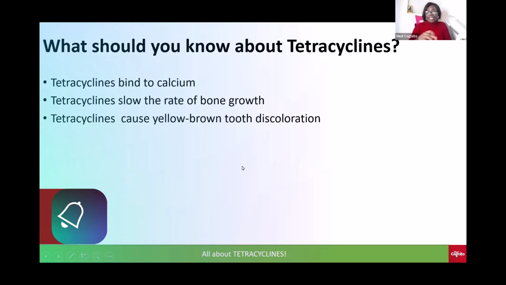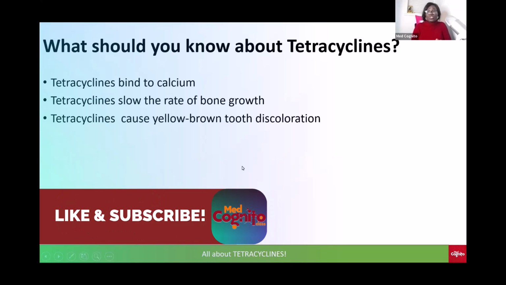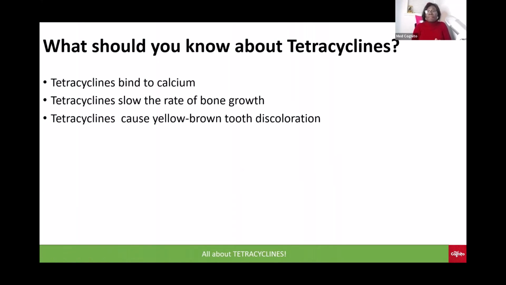And let's look at another important point that you should know about tetracycline. It binds to calcium. So when you see in a question that the client is on calcium tablets and now is going to be given tetracycline, you must take note because the calcium will bind to the tetracycline and prevent it from doing its work.